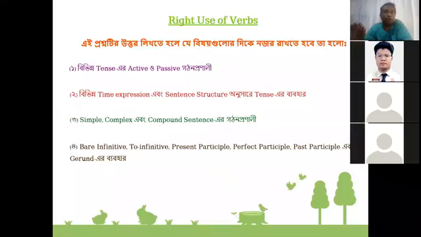In all these continuous tenses we use verb ing, don't we? This verb ing is also called present participle. Then present participle is used as an adjective or an adverb or in the continuous tenses.